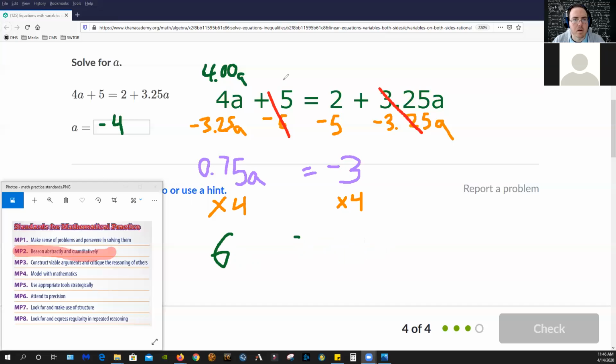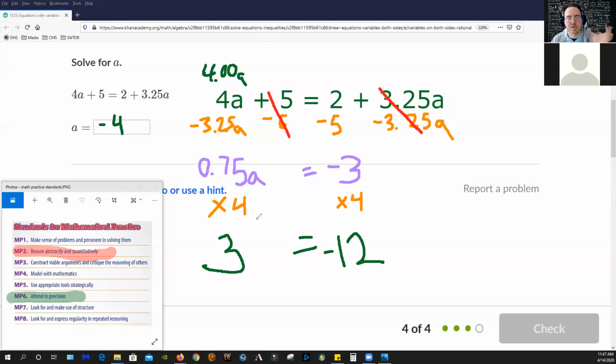So what I'm doing now, just to highlight that, I'm just attending to precision. I'm trying to make sure my math is absolutely correct. Every 2 of these makes 1.5. So this would be 3. That's what I meant to say, not 6. And this would be -12.